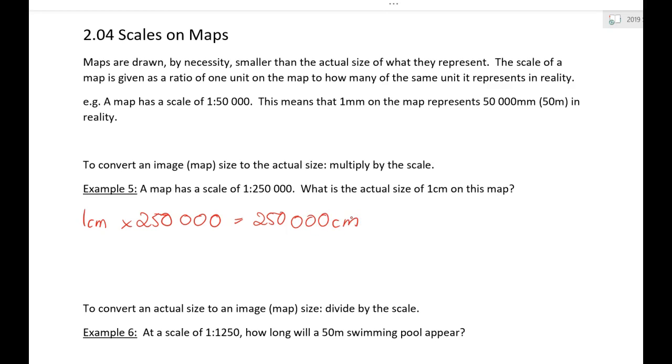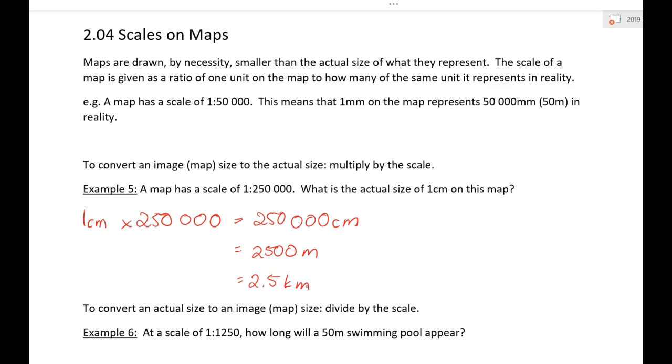But really, how big is 250,000 centimetres? There are 100 centimetres in a metre, so we can divide by 100 and I get 2,500 metres, and there are 1,000 metres in a kilometre, so that's 2.5 kilometres. Our half the Hunter sounds reasonable now, actually, on reflection.